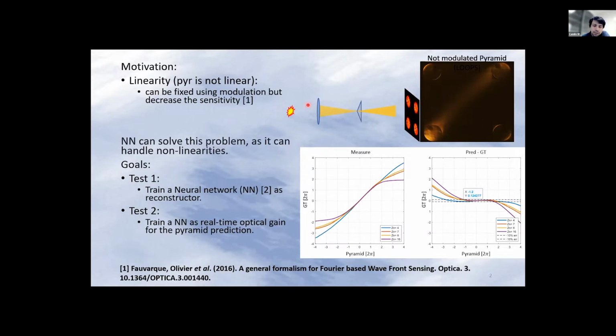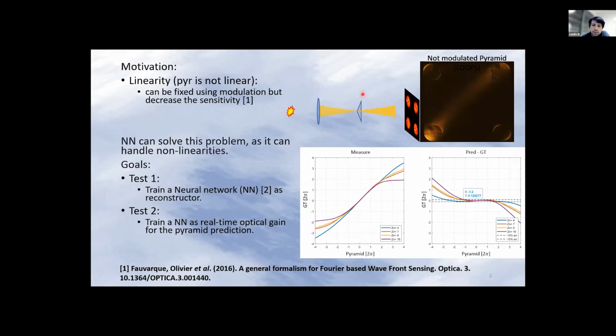But this system has non-linearity, because if we modify the wavefront, the focal plane is moved, and it loses a lot of information of the pyramidal system.